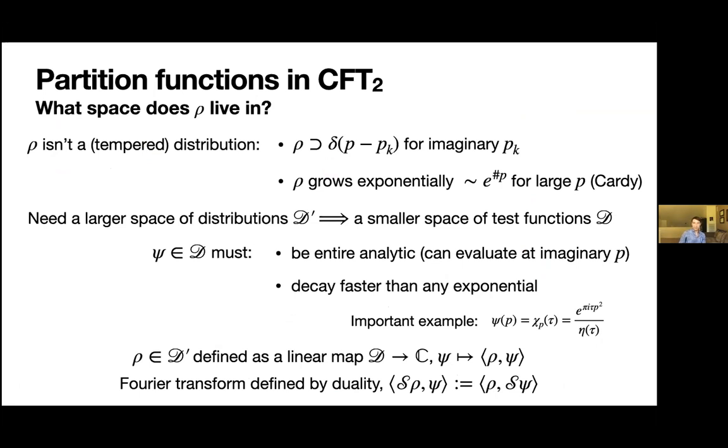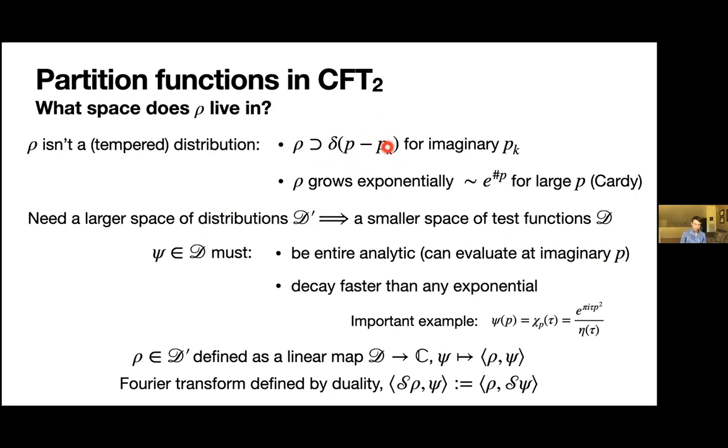It includes these delta functions for imaginary P, and it's got some exponential growth. So it's not a Schwartz distribution or a tempered distribution or one of these things that you're going to look up in your mathematics books. It lives in some larger space of distributions called D primed, which is the dual space to some smaller space of test functions.